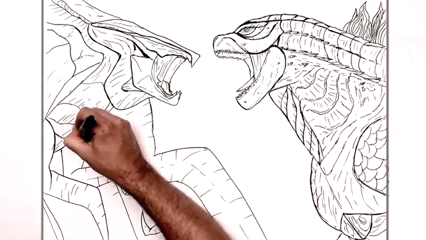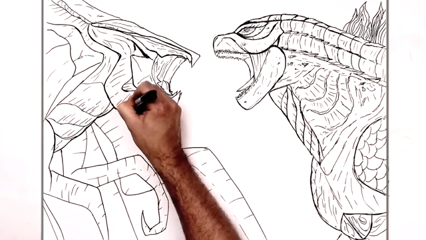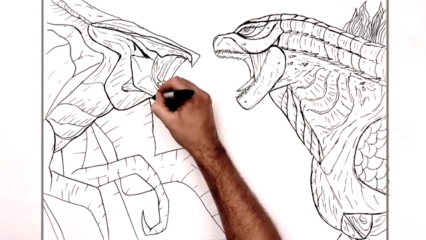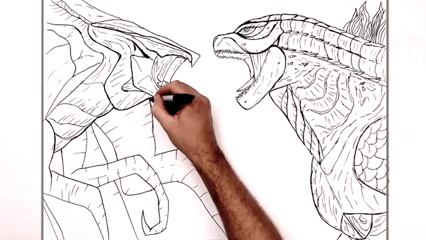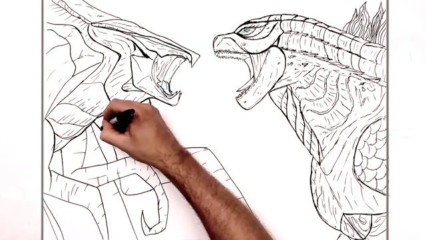And now you can thicken up some of your edge lines, if you want to add a bit of extra line weight to the outside lines.